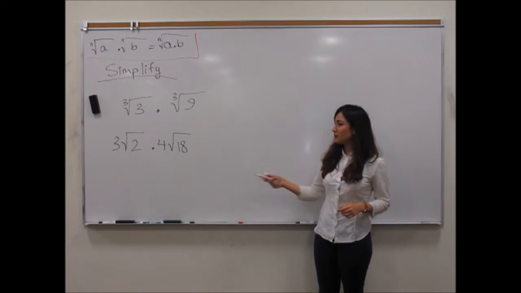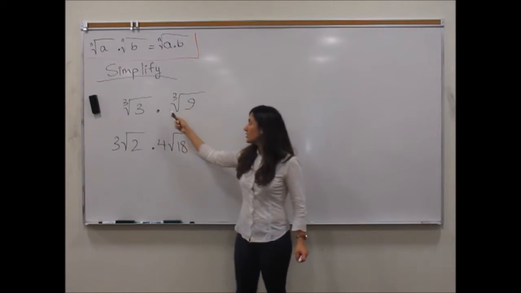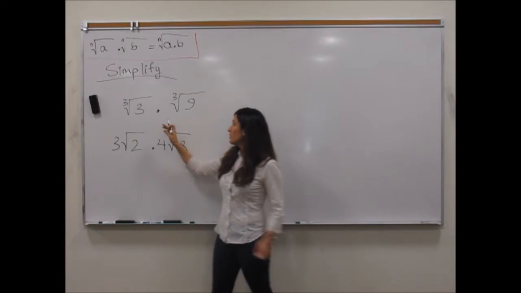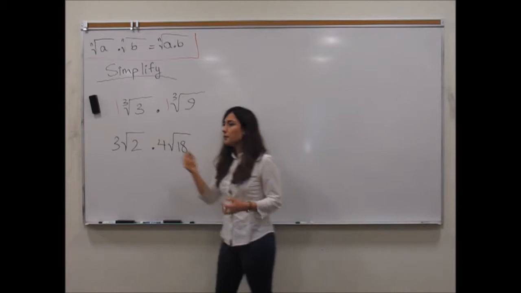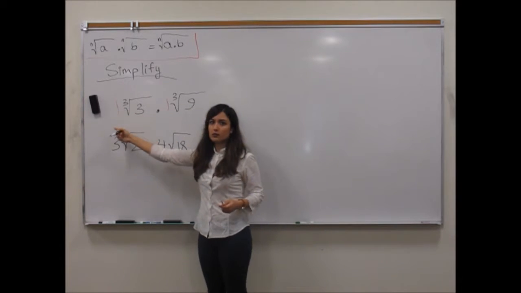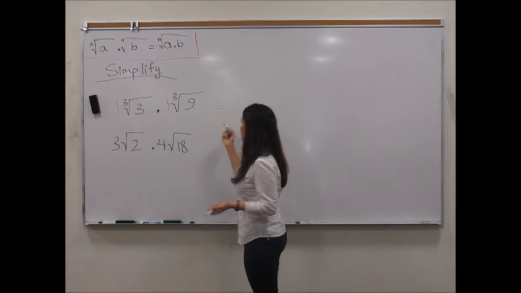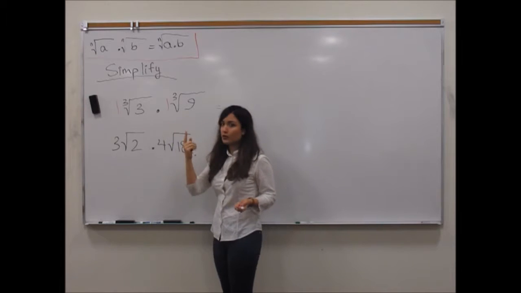Alright, here are our two examples. The first one is cube root of 3 times cube root of 9. The coefficients here are 1. We don't write them, but I'm going to multiply the coefficients. 1 times 1 is just 1, so I don't have to write anything. Then rewrite the radicals as one radical.